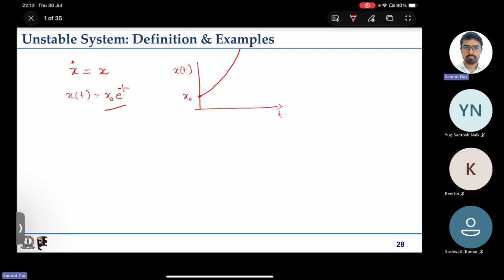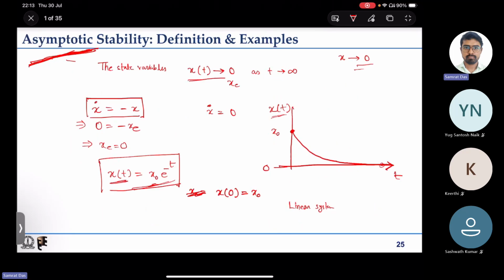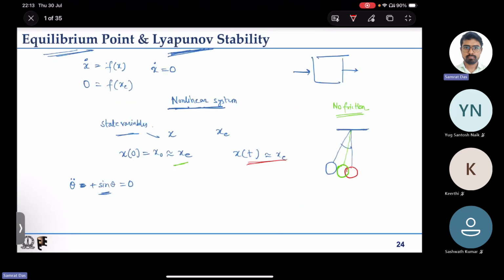Now all these definitions of stability that I have given till now deal with the state variables. So it talks about the behavior of the state variables of the system. That means the discussion is in the time domain. A time domain system is expressed in differential equation form, and that can be expressed in state space form.